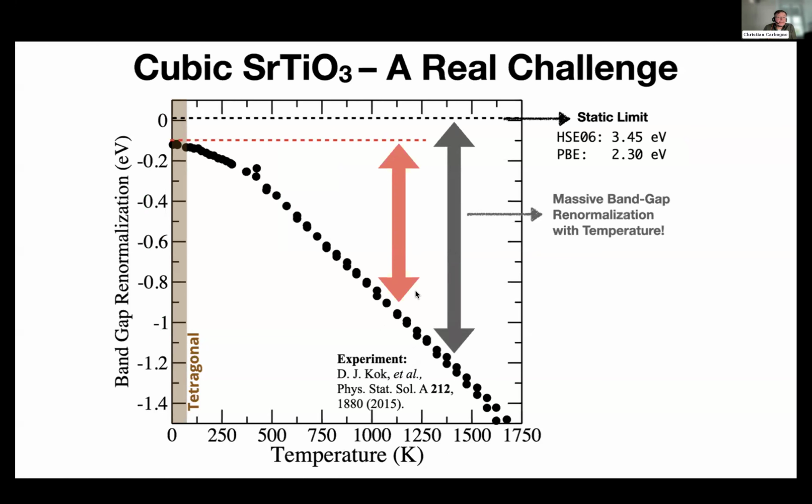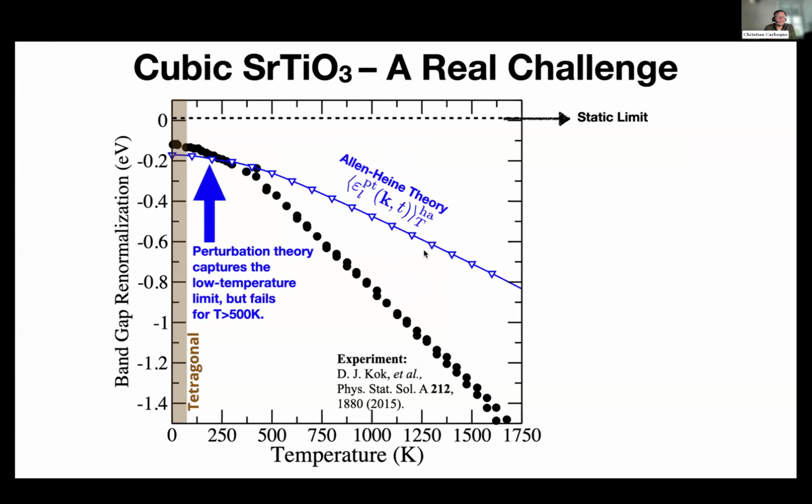If we try to assess this behavior using standard perturbation theory, so what I described before using the harmonic approximation and electron-phonon coupling coefficients, we get very nice results in the low temperature regime. We even capture the quantum mechanical effects at 0 K that can only be captured with a quantum mechanical theory of phonons. But for larger temperatures, we see a slope of the band gap that does not agree with experiment.